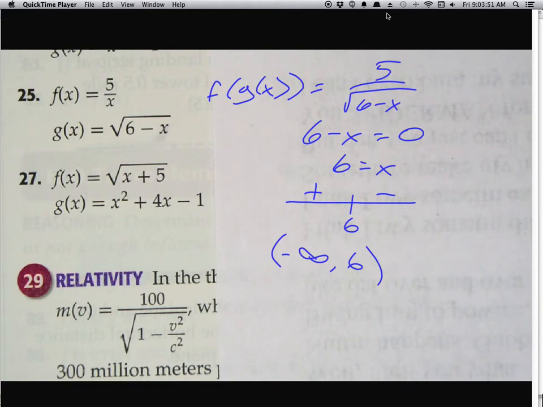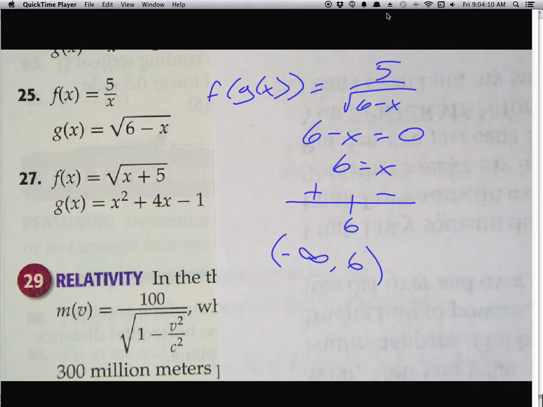Very good. Excellent. Okay? Now we're going to do the reverse of compositions of functions. We were taking 2 different functions and putting one inside of another. Now we're going to take a function and take it apart and find two functions that were put together to make that function.